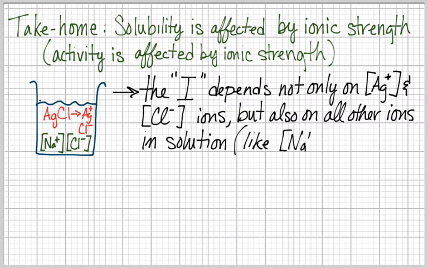I often will see non-participating ions in the system. They're not participating in the chemical reactions that we're interested in, or directly in the solubility, but because they influence and shift the ionic strength, they shift the activity, which then shifts the solubility of my species in the system.